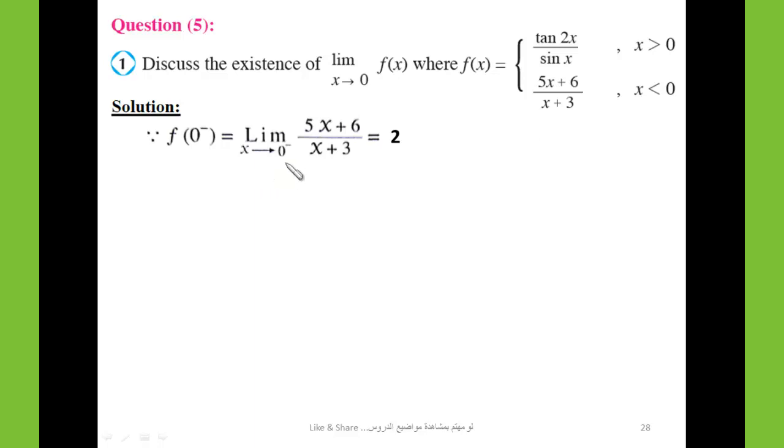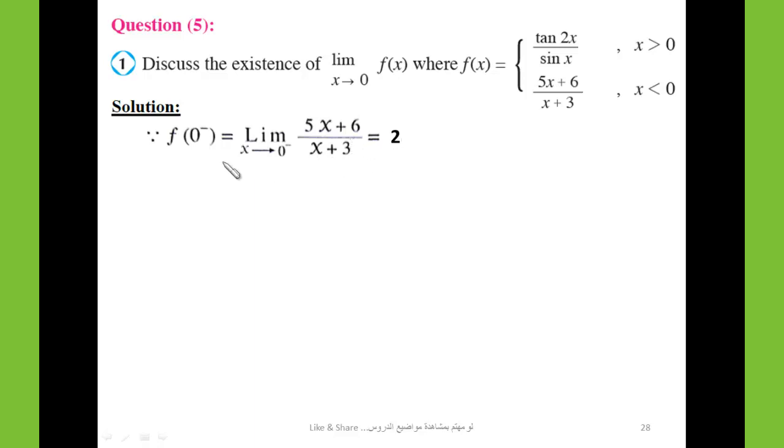Substituting x equals 0, the numerator 5 times 0 plus 6 equals 6, and the denominator 0 plus 3 equals 3. So 6 divided by 3 equals 2.